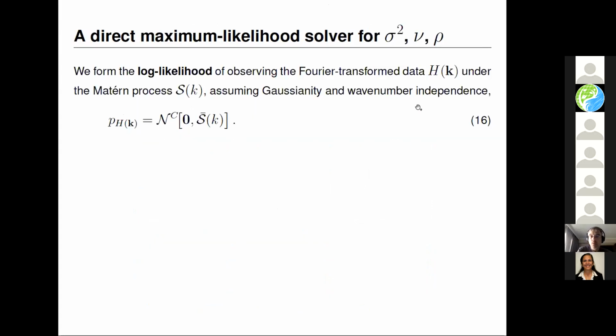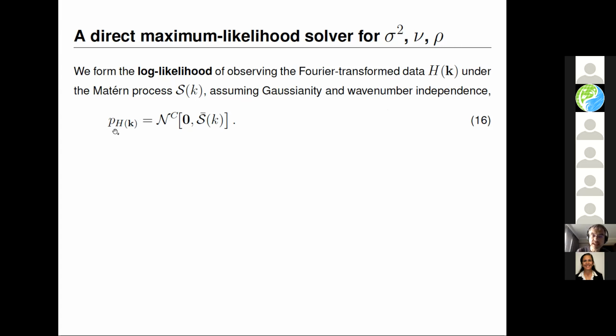So what do we really do? In order to estimate theta, the 3 parameters of a field that we observe, we are going to form a log likelihood of observing the Fourier transform data, italic H of k, the wave number, under this process that I've just shown you, the Matern process in the 3 parameters. And in this slide, and for the foreseeable future, I'm assuming Gaussianity, and I'm assuming the independence of the wave numbers, which I'm going to return to.